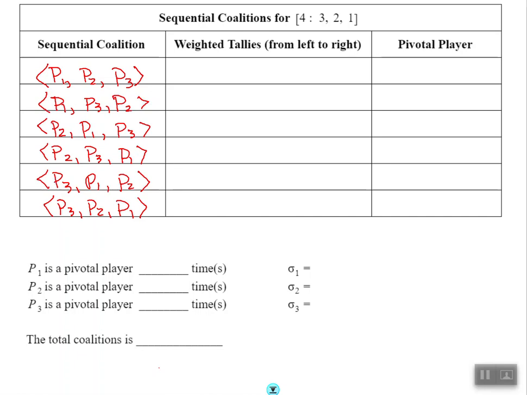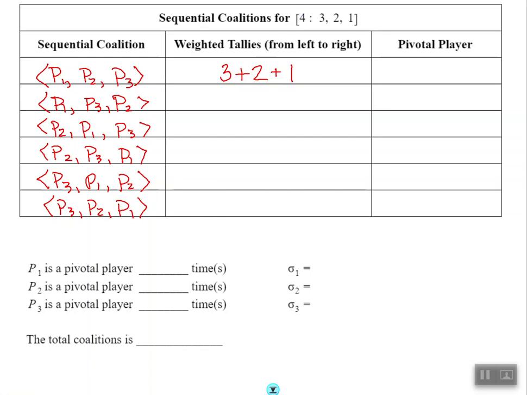Once you have all of the sequential coalitions listed, now I'm going to go through and write out all of the weights for these coalitions. So in my first coalition, player 1 has 3 votes, player 2 has 2 votes, and player 3 has 1 vote. And I want to look and see where this coalition changes from a losing coalition to a winning coalition.